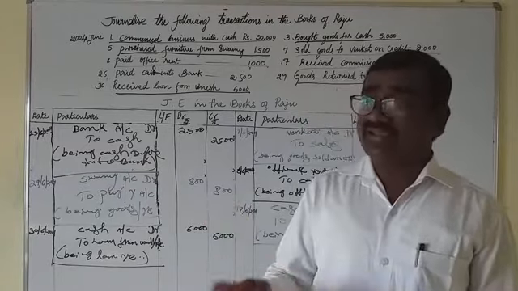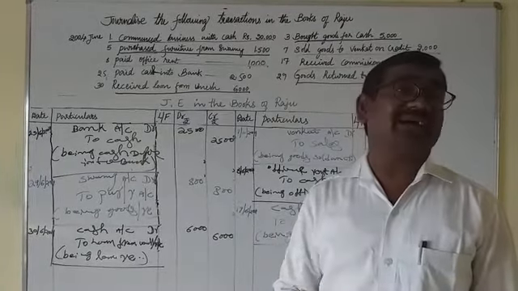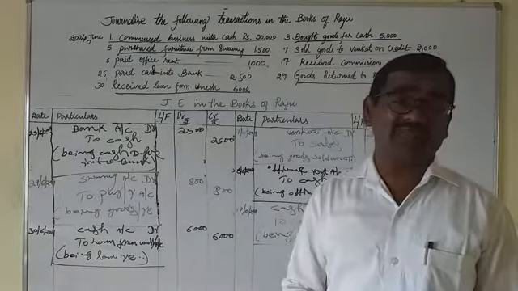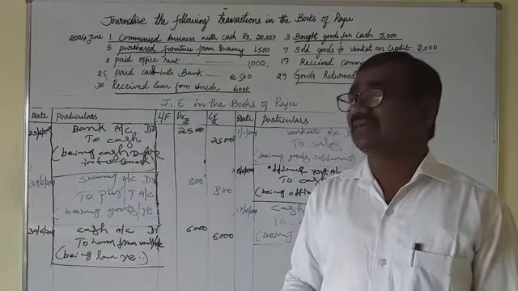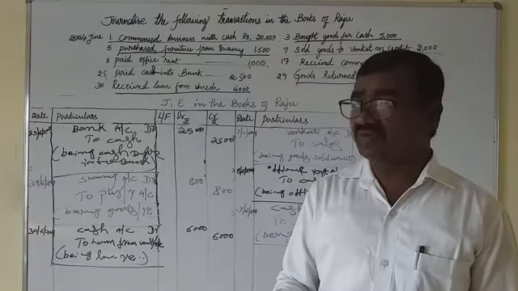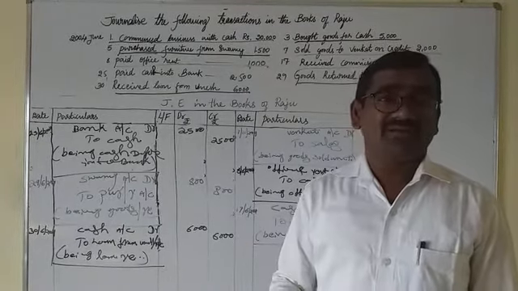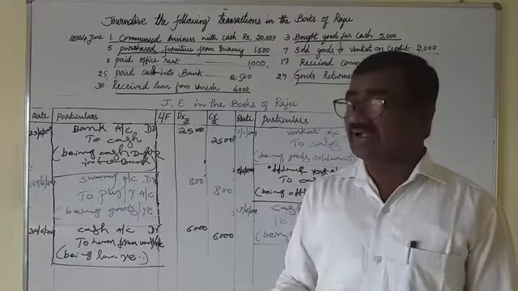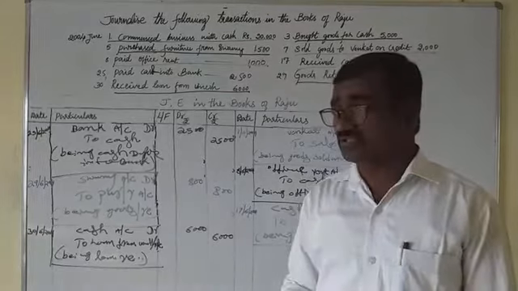It is very easy to pass journal entries when we are aware of the three golden rules of accountancy: personal account, real account, nominal account. Personal account: debit the receiver, credit the giver. Real account: debit what comes in, credit what goes out.